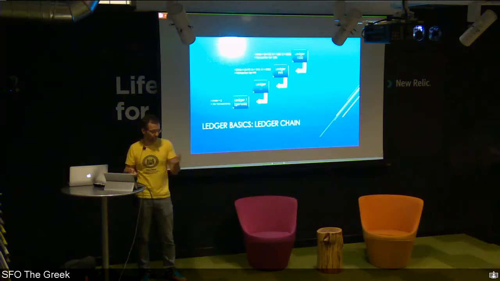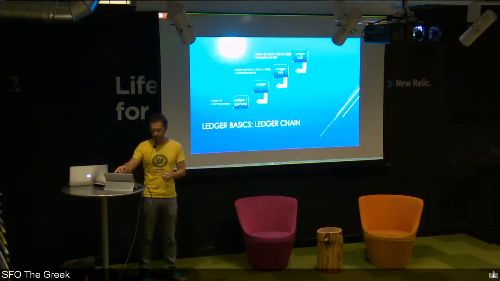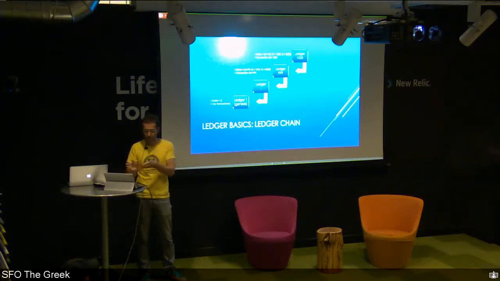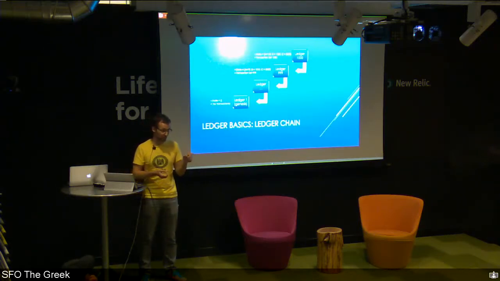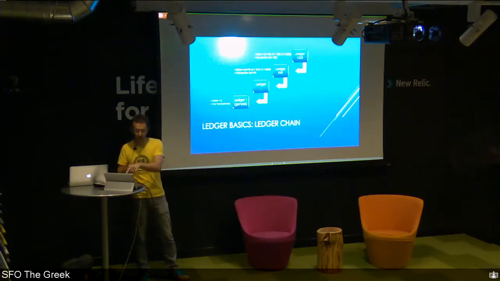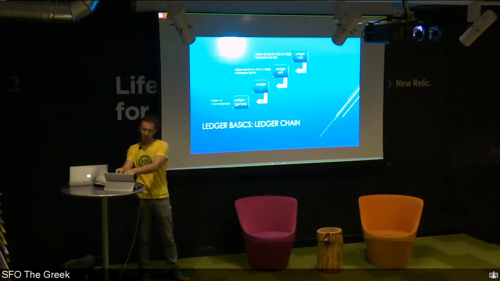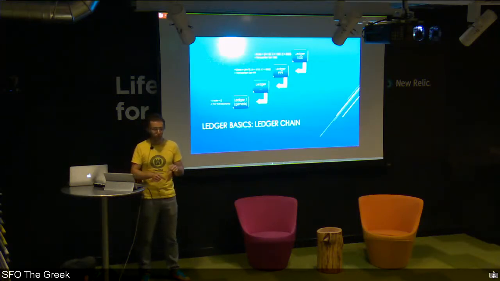This is a good question, because it is actually what I'm describing here, which is the ledger chain. For each ledger you have the state, like I was saying earlier. For example, ledger 1000 has those 3 accounts, and there is the transaction set 1000. This is basically those 2 things together. From ledger 999, when you apply transaction set 999, you end up in ledger 1000.